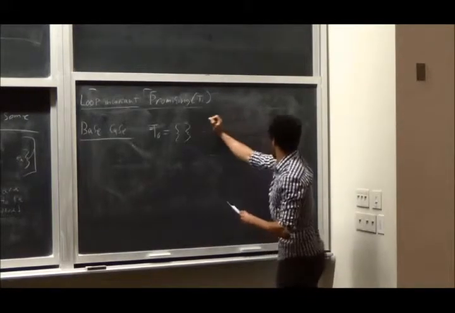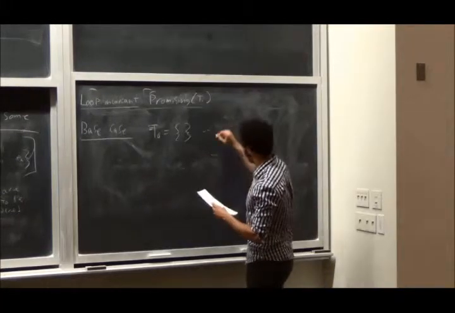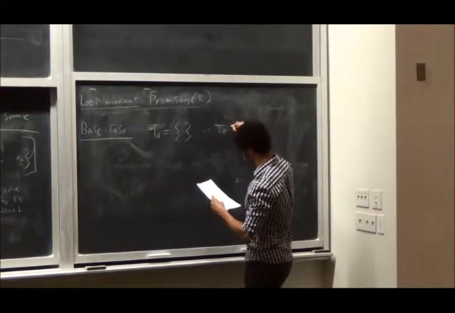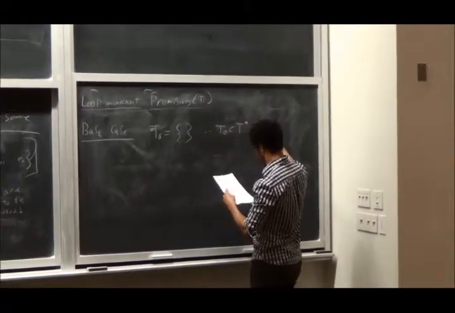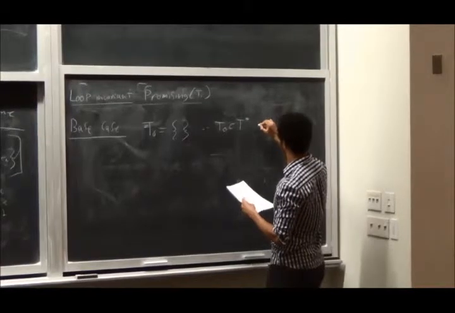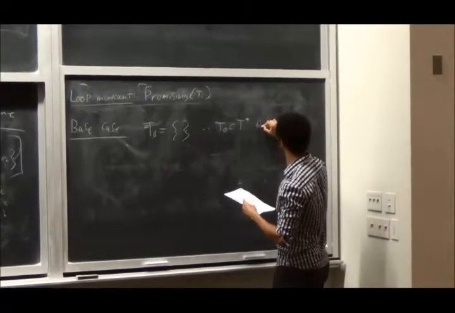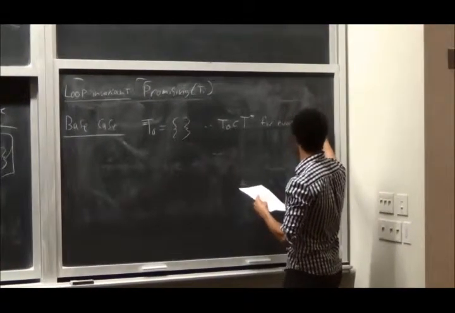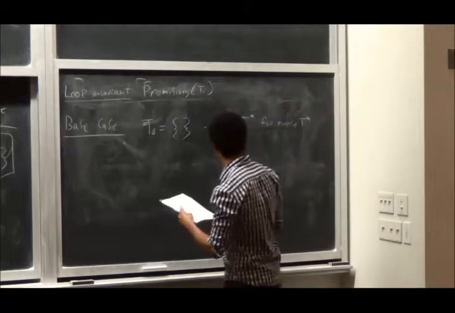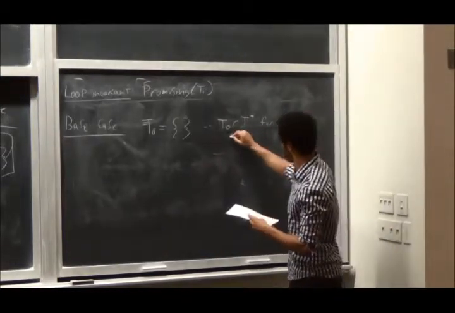I'm going to specify it a little bit more than that. I'm going to say T0 is a subset of every T star. And the set of future edges is all the edges.